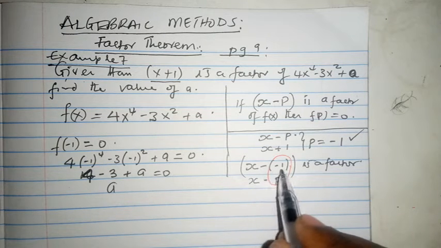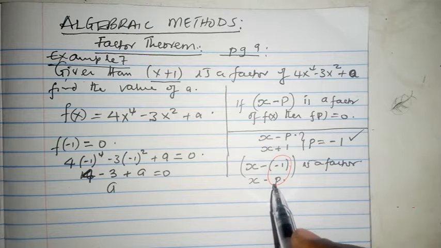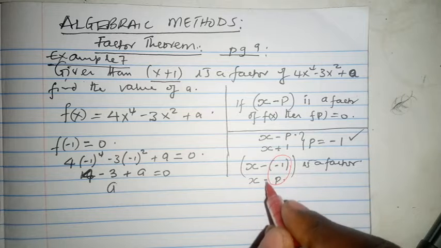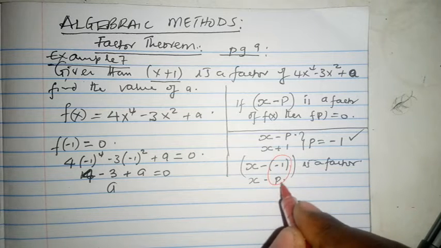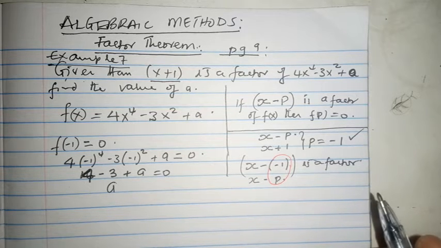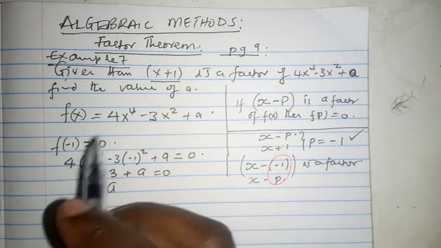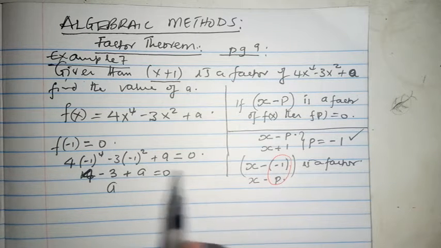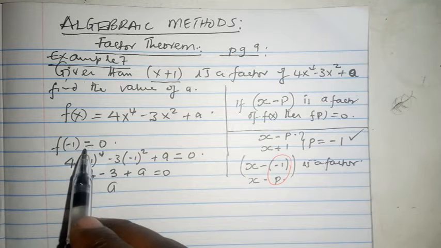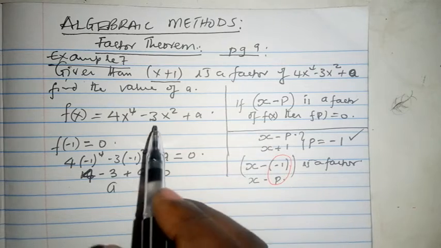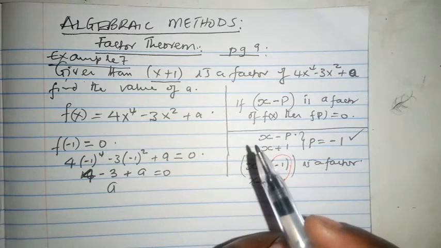That means we can easily see that our p is negative 1. Please note the sign there. It can be confusing. And that means that if our p is negative 1, then f(negative 1) is equal to 0 if x plus 1 is a factor.